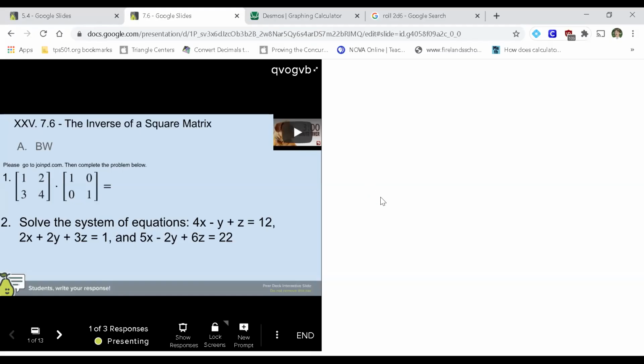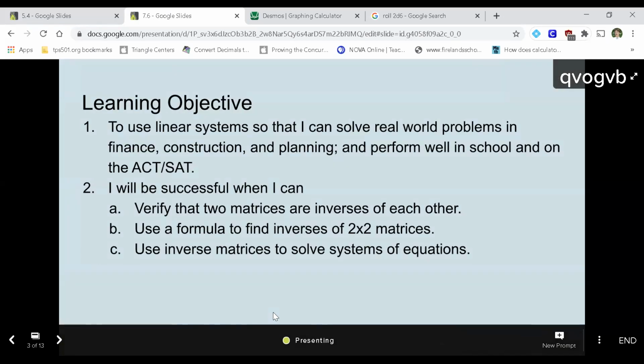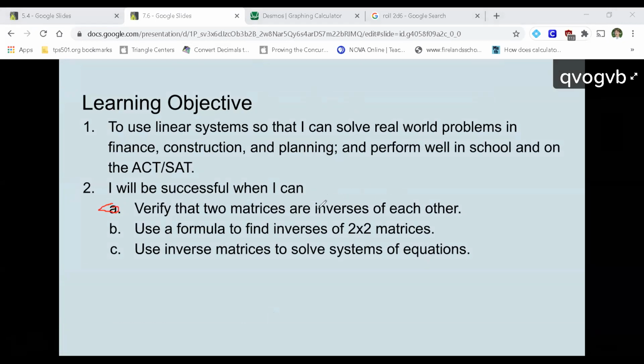So, we're going to do 3 things today. First, verify that 2 matrices are inverses. Really this is just a definition thing. We have to figure out what an inverse is and how we know that 2 matrices are inverses of each other. That's not too bad. Second, finding an inverse is also not too bad because it's just a formula.